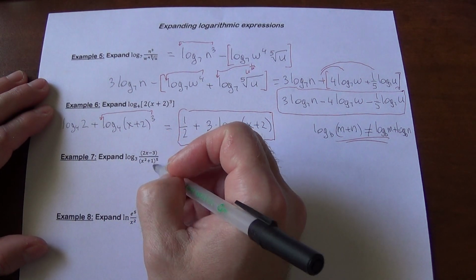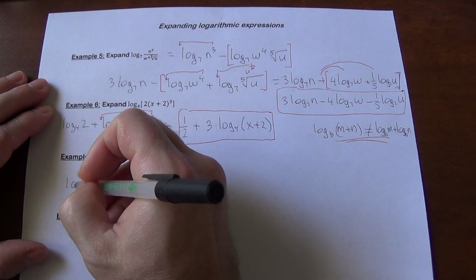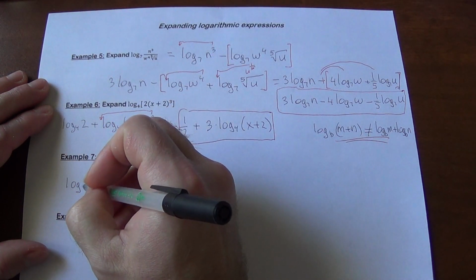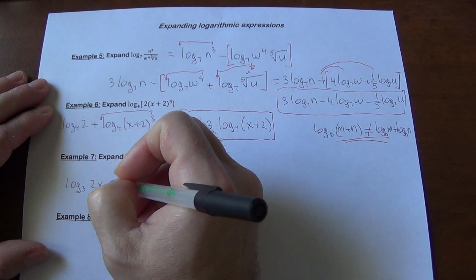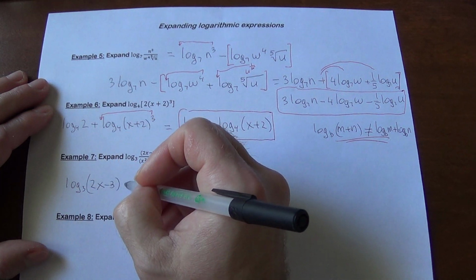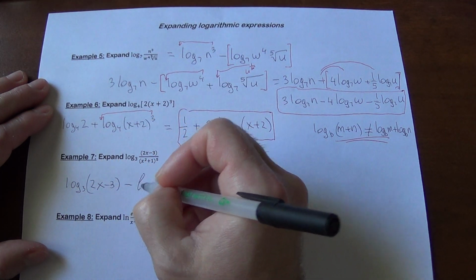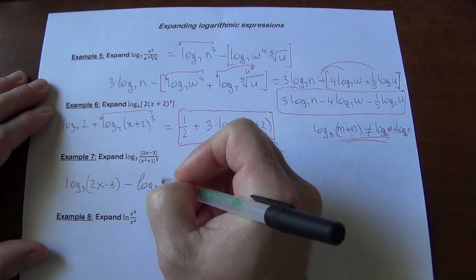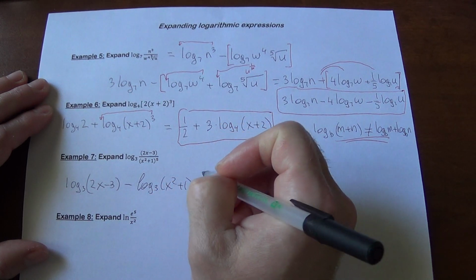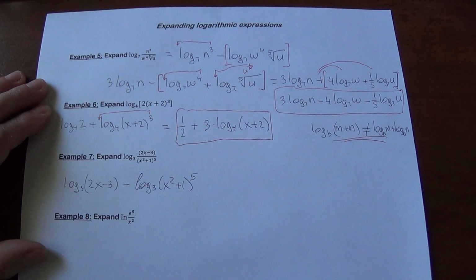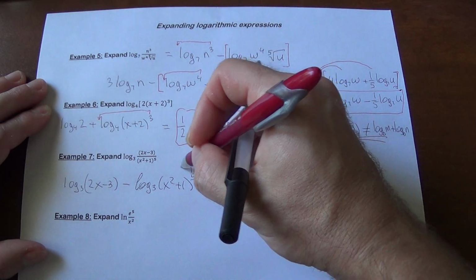Next problem, we have a quotient. So log base 3 of (2x minus 3) minus log base 3 of (x squared plus 1) to the 5th. The exponent here will go in the front.